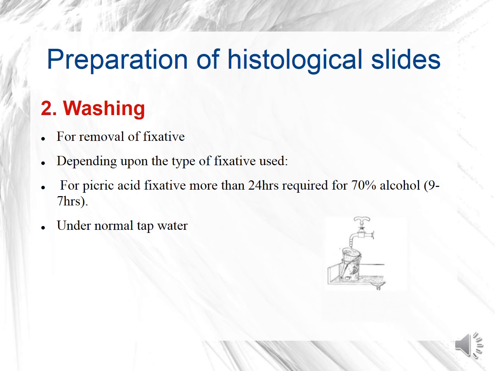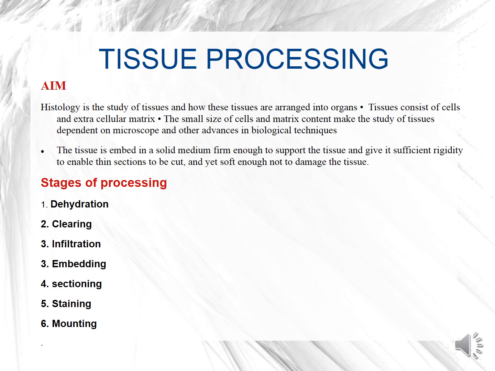For 70% alcohol, we require 7 to 9 hours or even 10 hours, depending upon the thickness of the tissue. The washing is required. Next is tissue processing.